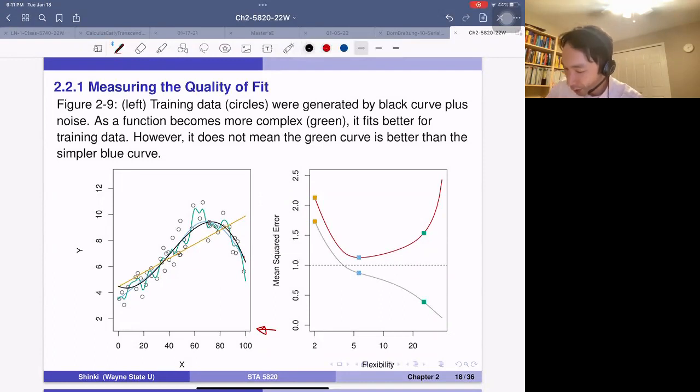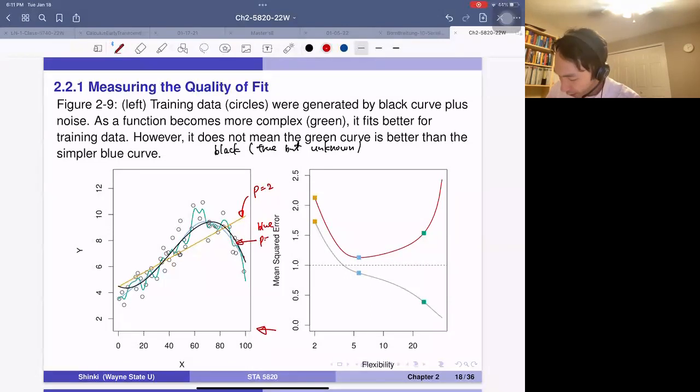So black is the true but unknown curve. This is a simulation, so we know the black curve, but usually we don't know the truth. Black is true but unknown. And the yellow curve is a straight line, so it has 2 degrees of freedom, slope and intercept. And the blue line is a cubic curve.